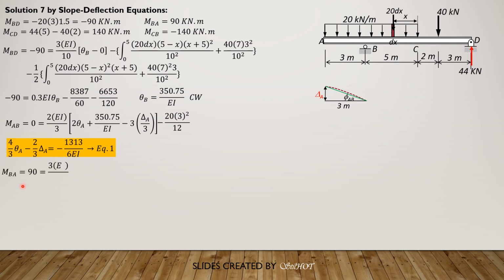Moment BA is positive 90, and this is 3EI over L, because the moment at the far end, which is A this time, with near end B and far end A, is 0. So that's why we use 3EI over L. Quantity theta B, then minus P. P is delta A over 3, which is positive because of clockwise rotation.